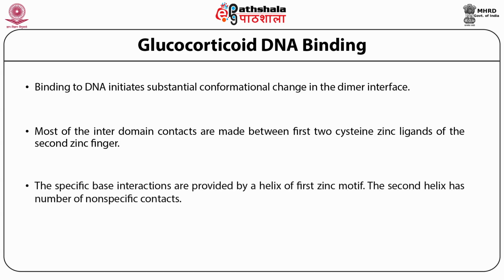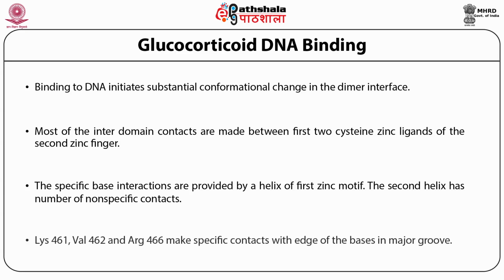The specific base interactions are provided by a helix of the first zinc finger motif. The second helix has a number of non-specific contacts. Lysine 461, valine 462, and arginine 466 make specific contacts with the edge of the bases in the minor groove.